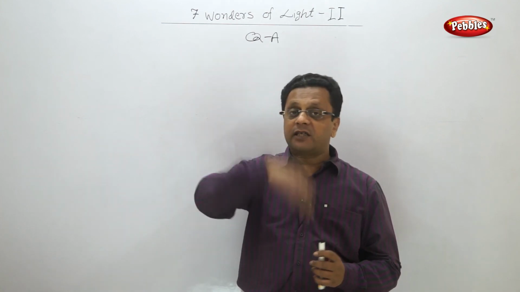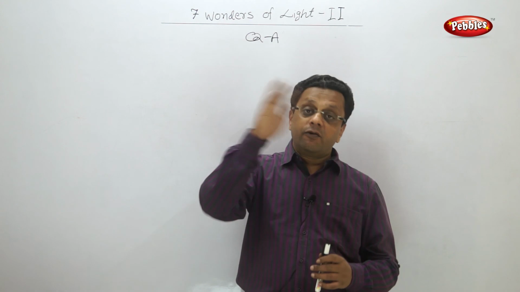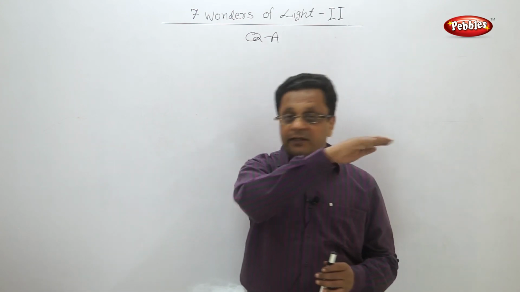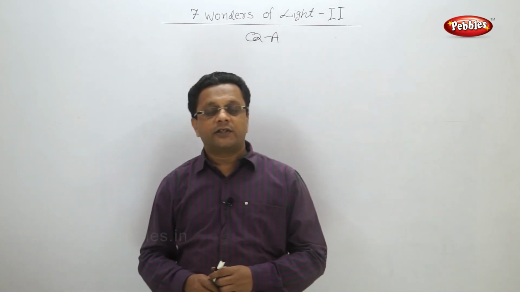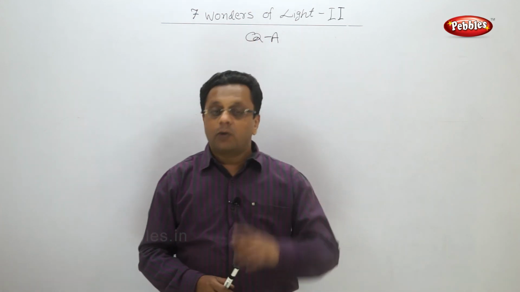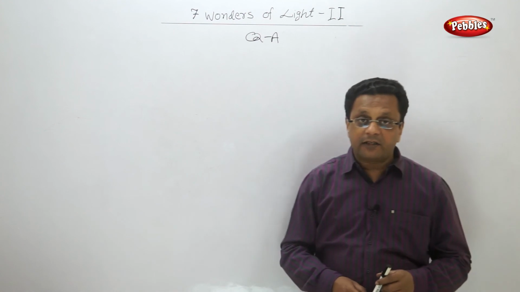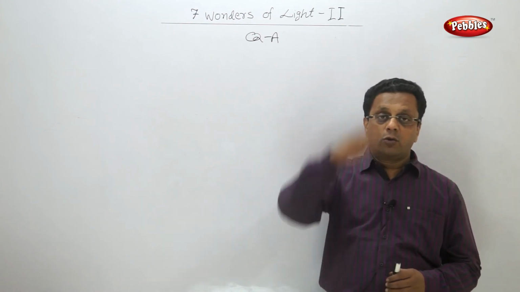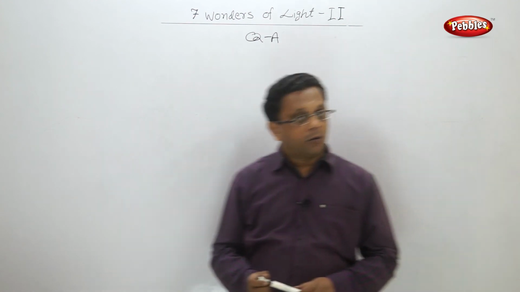And at the time of sunset, even after the sun has actually gone below the horizon, my apparent image is just above, so I will see the sun even though it has gone below the horizon. That is advanced sunrise and delayed sunset. Advanced sunrise is by 2 minutes and delayed sunset is by 4 minutes.